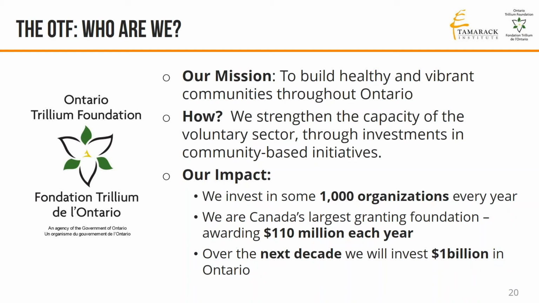And how we do that is we strengthen the capacity of the voluntary sector through investments. Our impact to date is really we invest in over 1,000 organizations every year, and we expect in the next decade that we'll invest about $1 billion in the sector and in the community.